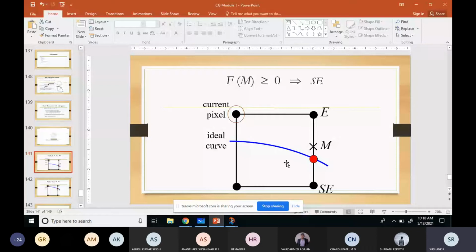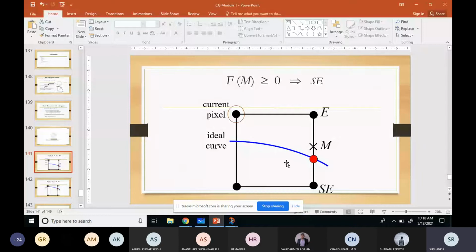For SC also you need to do some calculations or derivations, which I will tell. As of now, just understand how the values are getting selected. It is calculating the function value, and from the function value it will decide which point is to be selected.